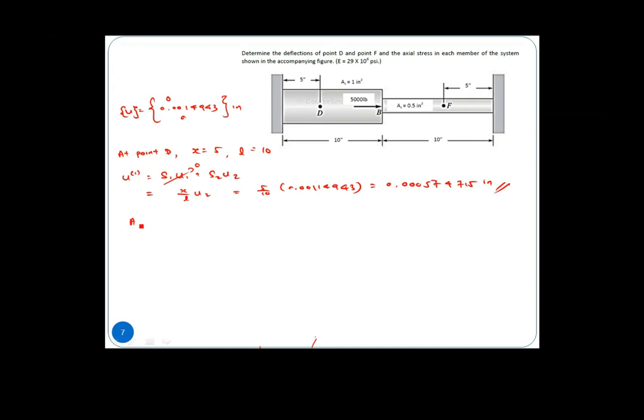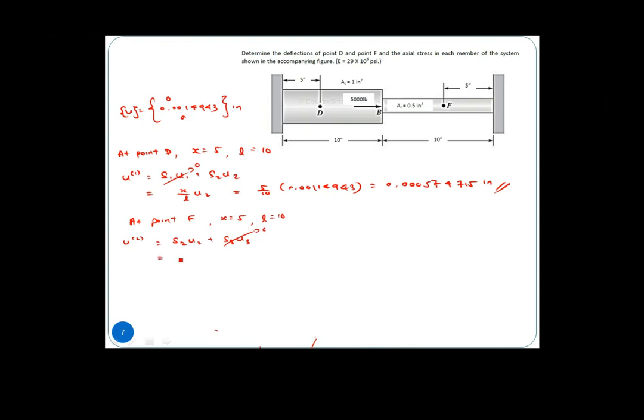Right, so at point F, also the same, our X equals to 5. If using local, then our L equals to 10. Then U at element number 2 will be S1 U1, S2 U2 plus S3 U3. Right. So here U3 is 0, so this thing is gone.